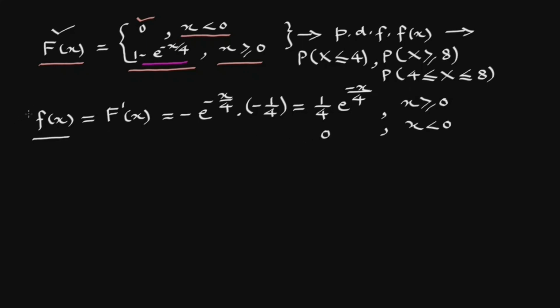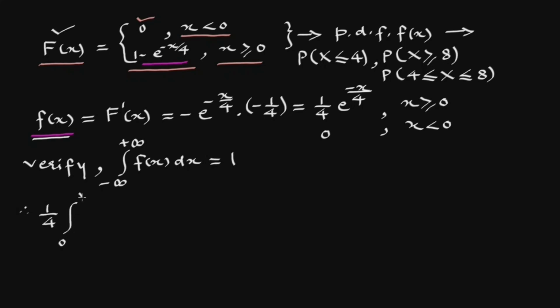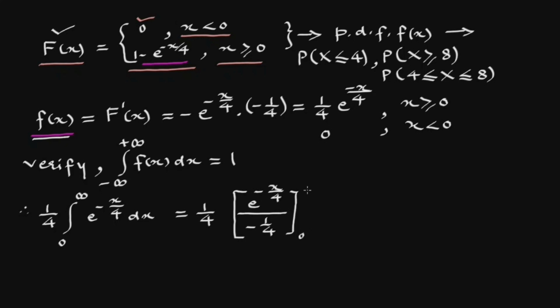In order to prove that f(x) is a probability density function, we have to verify that the integral of f(x) dx from minus infinity to plus infinity is 1. Therefore, 1/4 times the integral from 0 to infinity of e raised to minus x upon 4 dx will be e raised to minus x upon 4 divided by minus 1 upon 4, from 0 to infinity, which will be 1/4 into minus 4 into 1 upon e raised to x upon 4, from 0 to infinity.